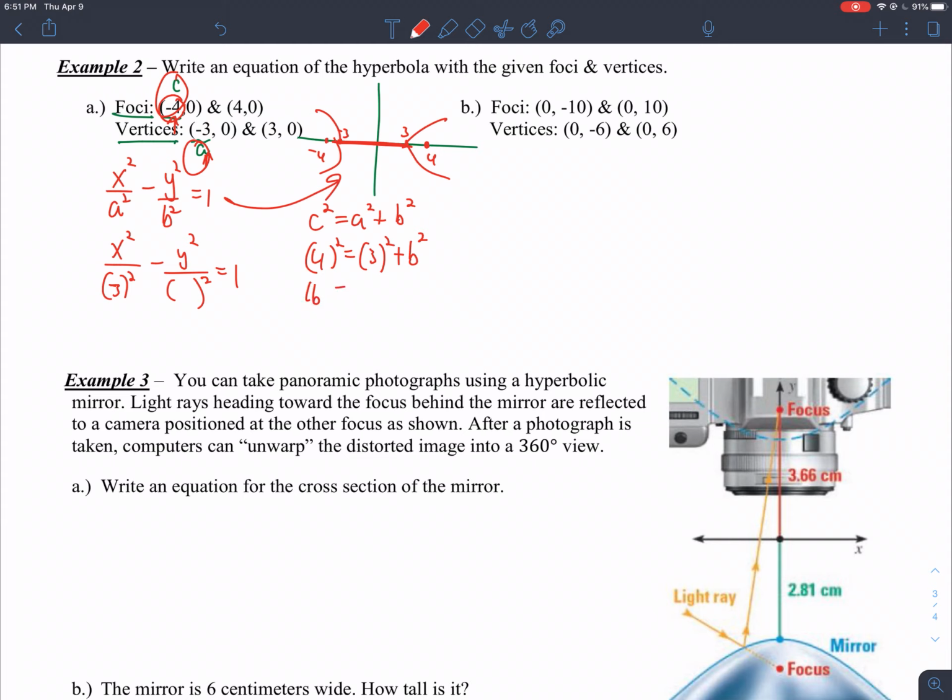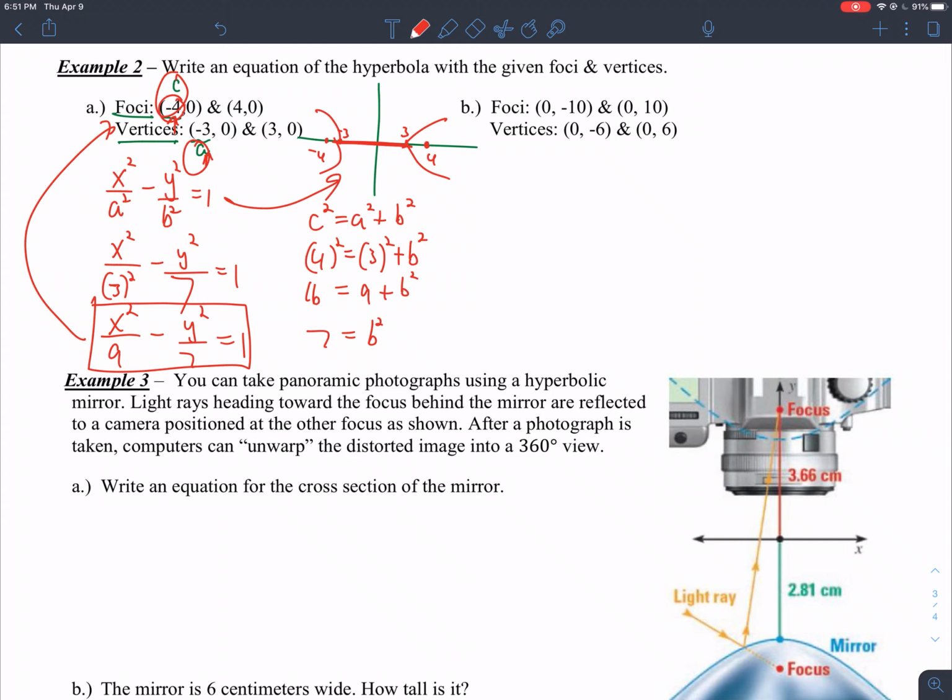I get 16 equals 9 plus B squared. If I subtract the 9, you get 7 equals B squared. So B squared is just 7. So I have x squared over 9 minus y squared over 7 equals 1. And that's the equation of the hyperbola that meets those criteria.